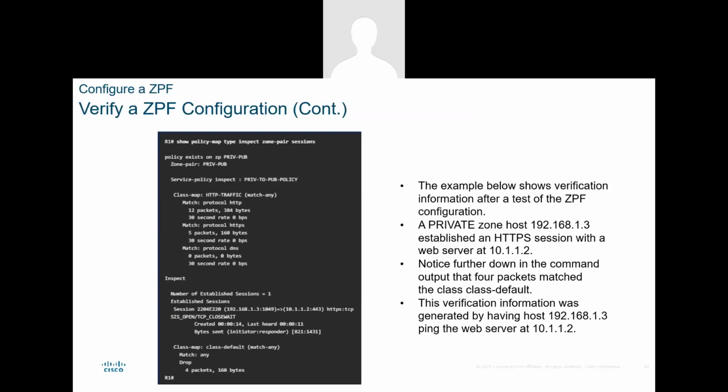Now, after you've gone through and verified, you should test real traffic to confirm the firewall rules are being enforced correctly. So, for example, testing traffic flow between the zones. In this situation, we're going to test the HTTP connection from a private zone host to a public web server.